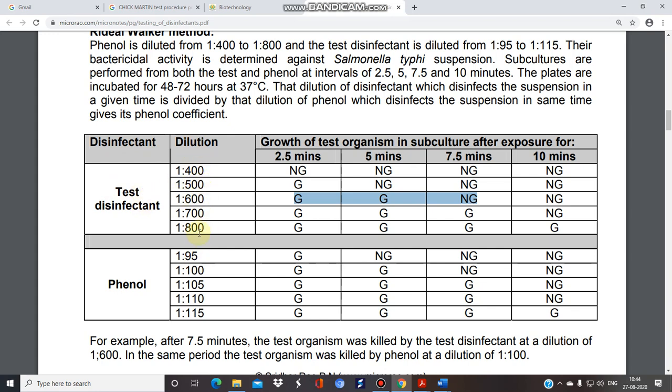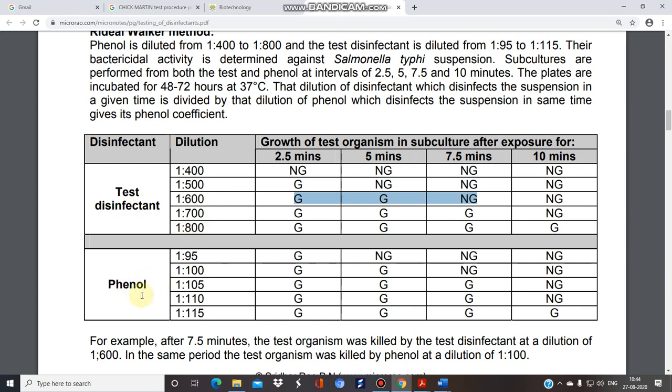Then we will again dilute up to 800. So what does this dilution infer? It means that the concentration of this test disinfectant in 1:400 is quite high in comparison to 1:800, because we have diluted this disinfectant.